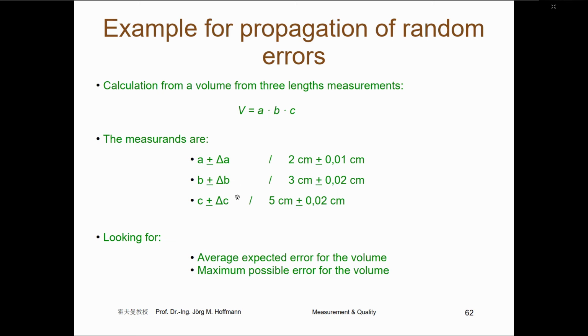Of course, the possibility is low that all 3 values have the maximum or minimum error at the same time, but it is the theoretical worst case that can happen.